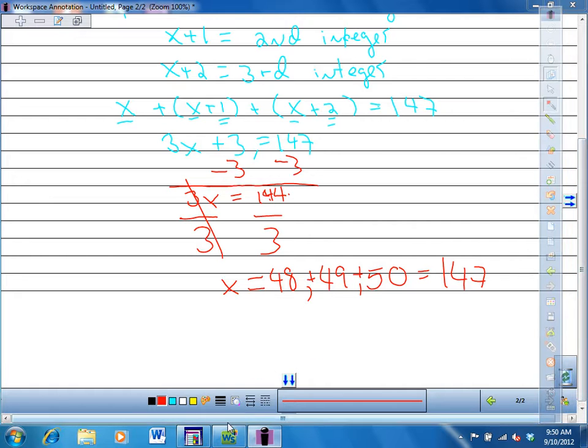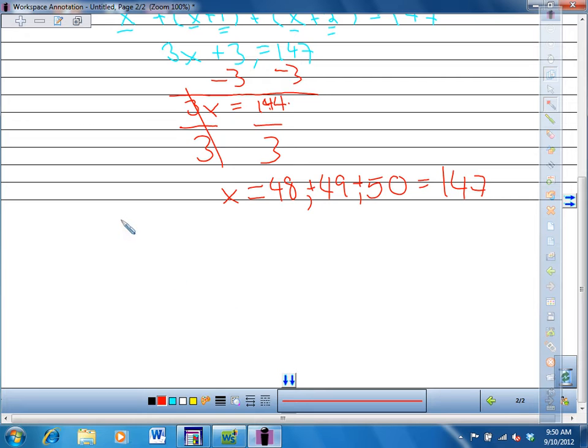It's not hard. Now, one more last thing. If they say consecutive odd or even integers, if x is the first integer, say x is 5, what would be the next integer after 5 that is odd? 7.